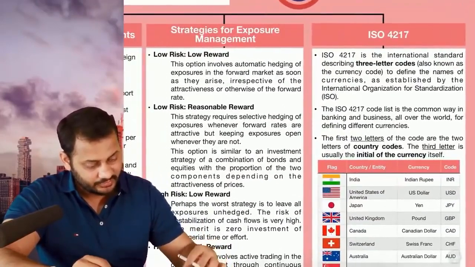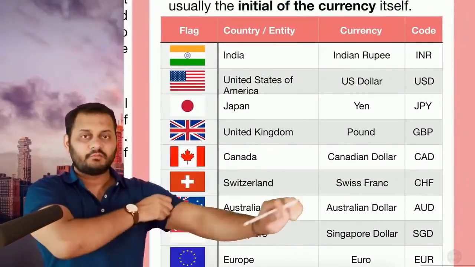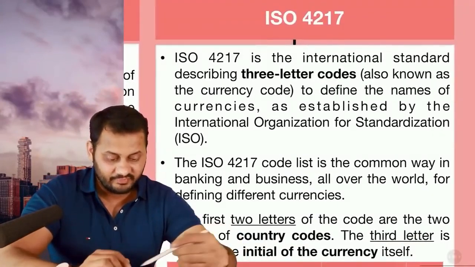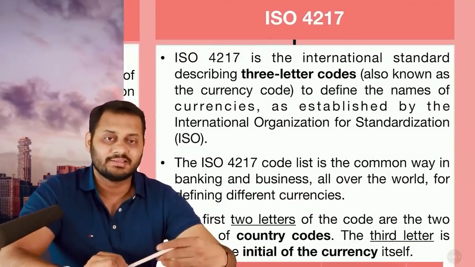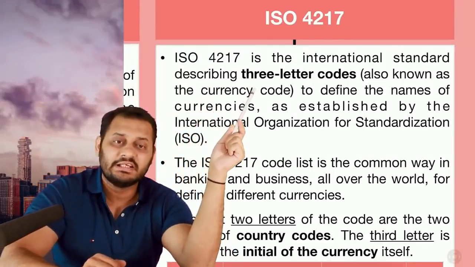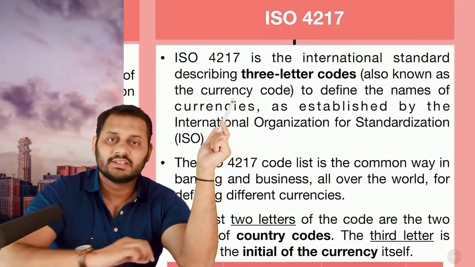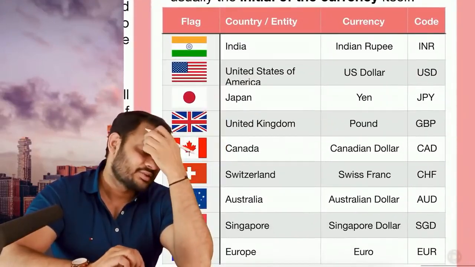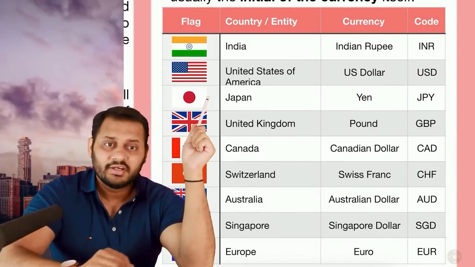ISO code, you remember. ISO code is a standardized form of presenting every country's currency. ISO 4217 is the international standard which describes 3-letter codes, also known as currency codes. So some important currency codes I have quoted here. For India, it is INR.